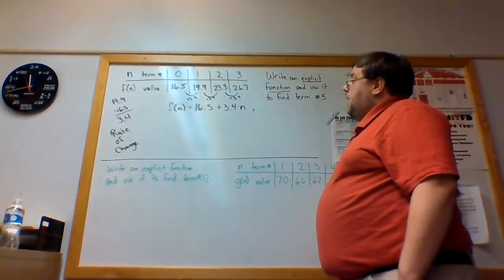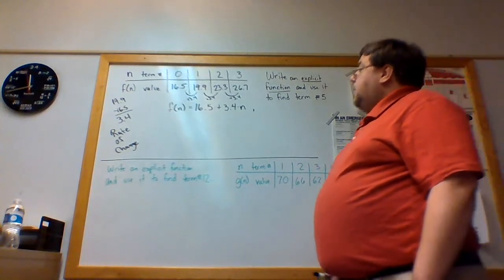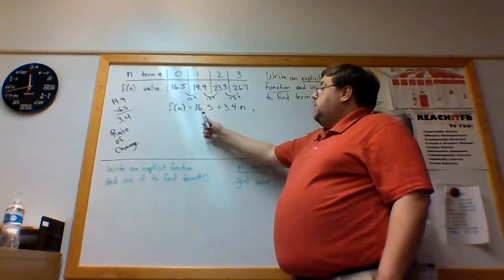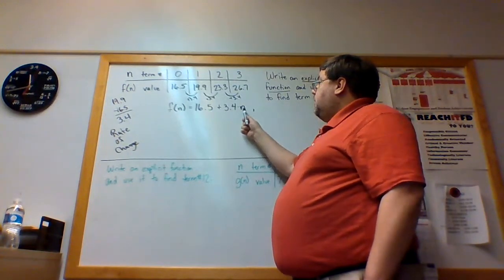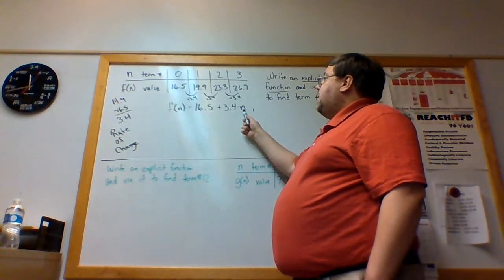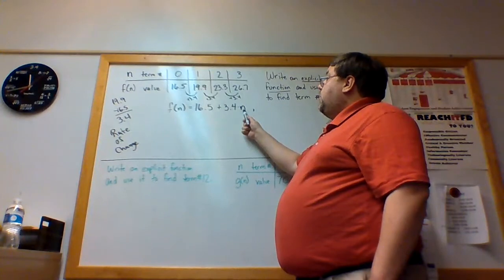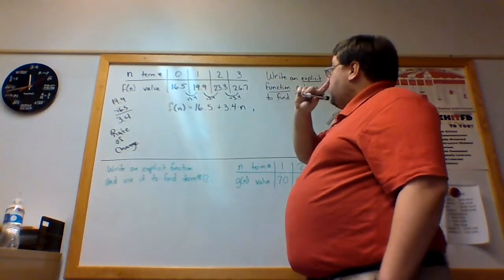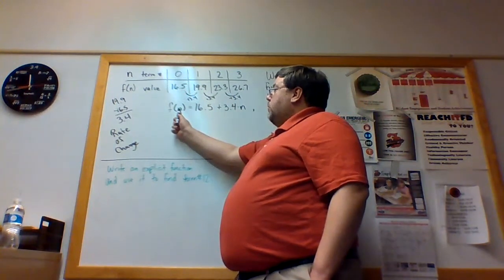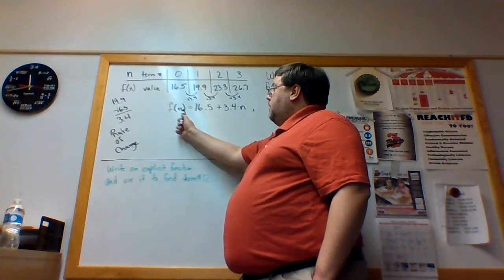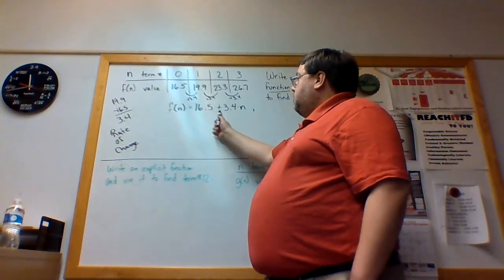And then I need my domain behind that. This tells me start at 16.5, add 3.4 on every single step I take. Now, with this problem, we start up here with term 0. And if I were to put 0 in here for n, it would be 16.5 plus 3.4 times 0.